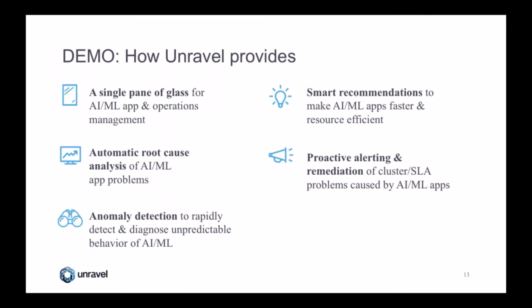So today in the entire demo, I showed you how Unravel gives you a single pane of glass across all applications. And in particular, we looked at the entire life cycle of machine learning applications. We looked at a supervised learning application. We looked at an unsupervised learning application.